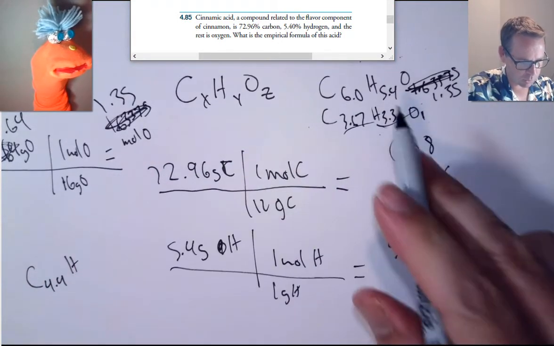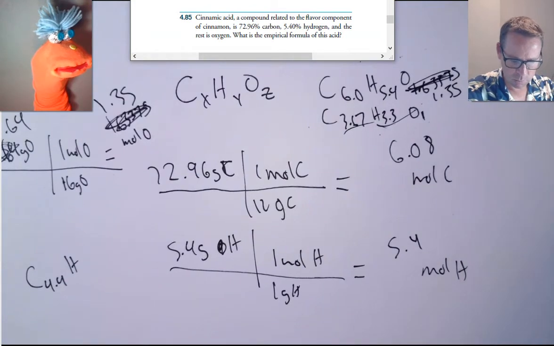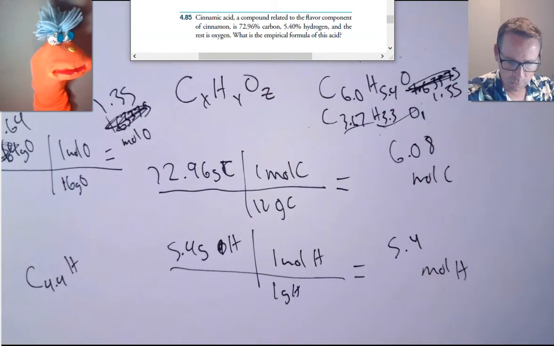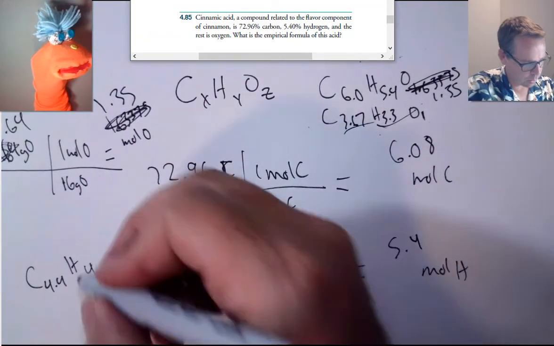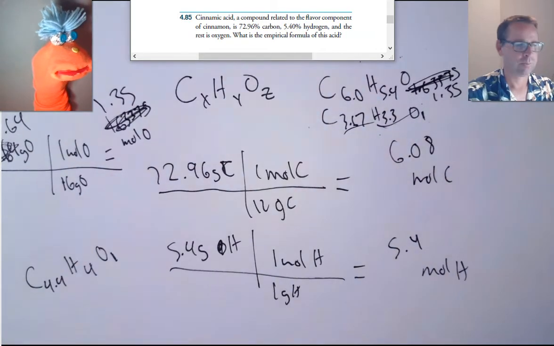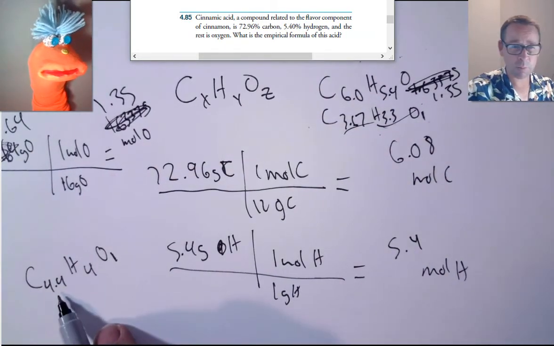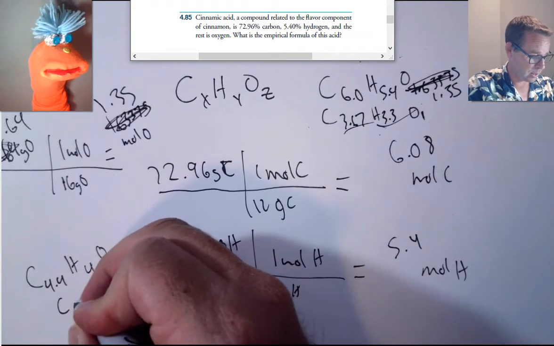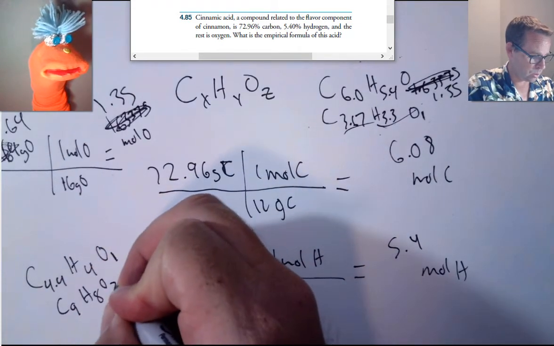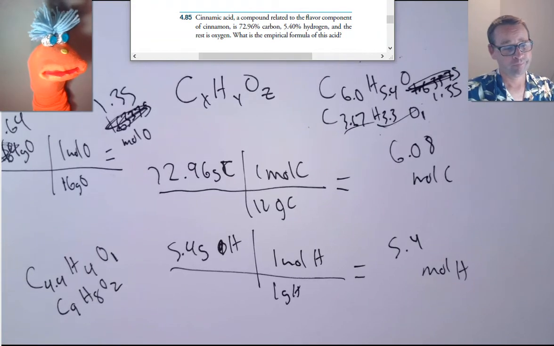H is 5.4 divided by the 1.35, that's 4, and then O would be 1. So maybe this is 4.5, and then we go up to C9H8O2. Why don't we check the answer in the back of the book, see what we get.